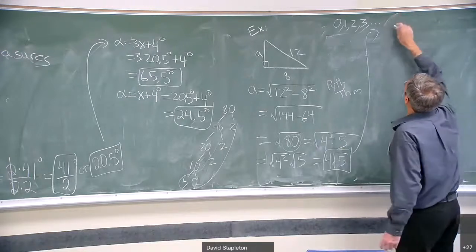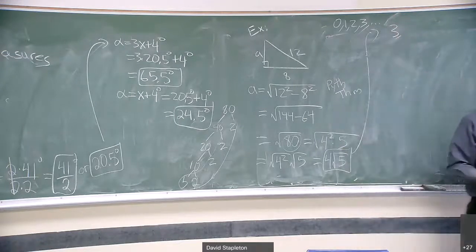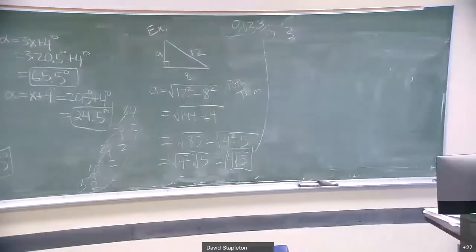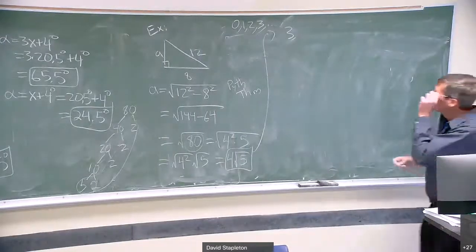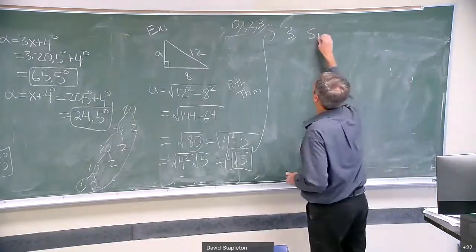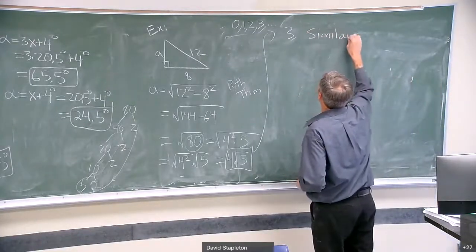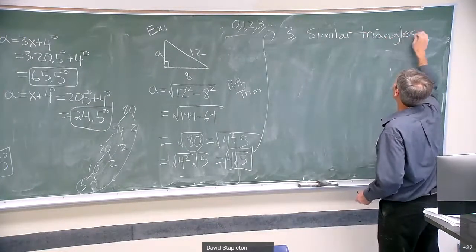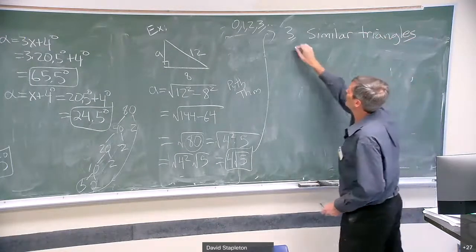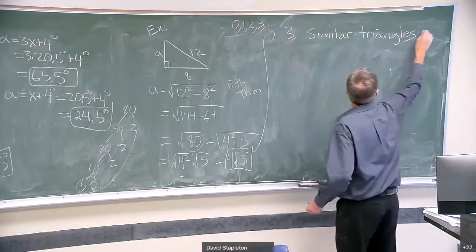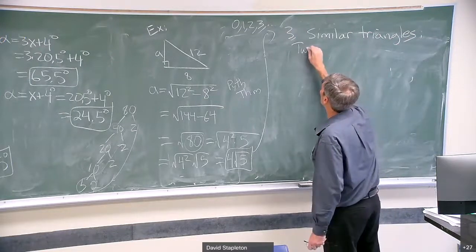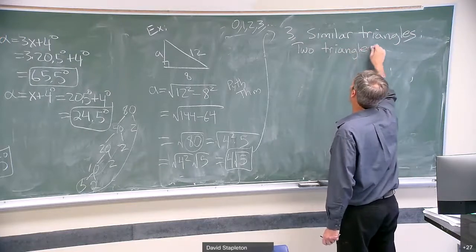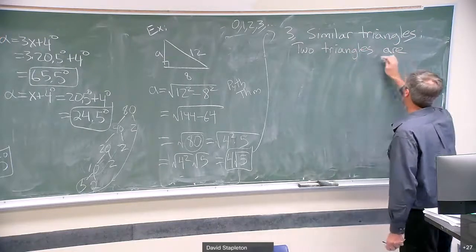Now, the third theorem we want to talk about is for similar triangles. We'll use these quite a lot. Two triangles are similar if they have the same three angles, which means they're the same shape.